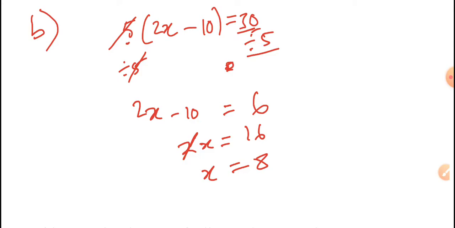Now let's check if this is right. Remember the question started off by saying 5 open brackets 2x minus 10 is equal to 30. So what we're saying is whatever is inside this bracket times by 5 should equal 30.